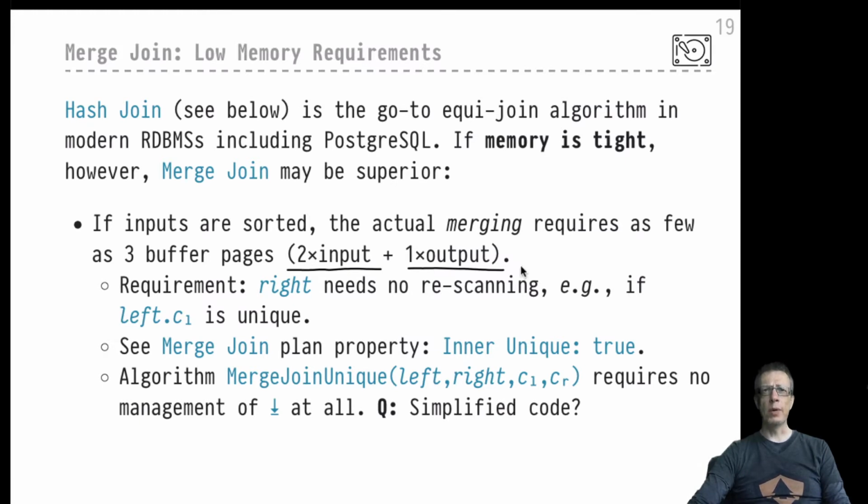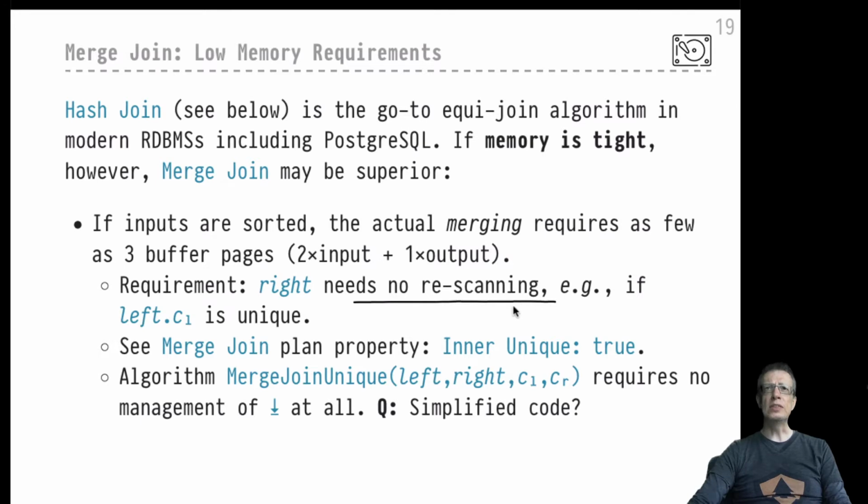There's one requirement that has to be satisfied that indeed leads to this very, very attractive low memory requirement, and it's related to the rescanning of the right input.